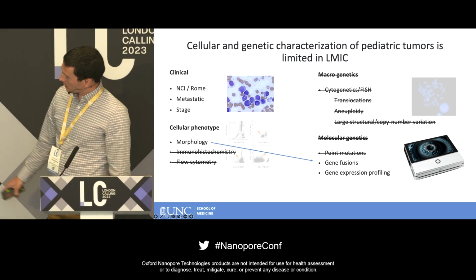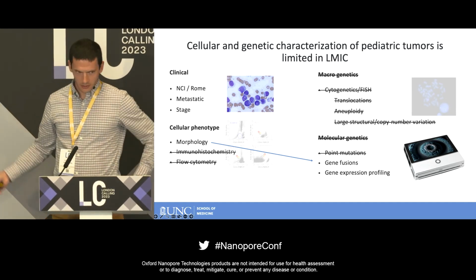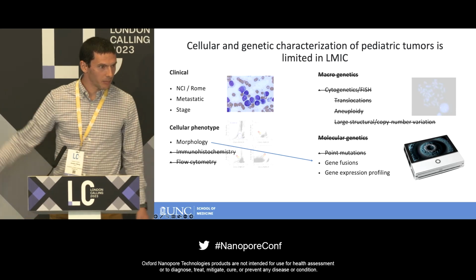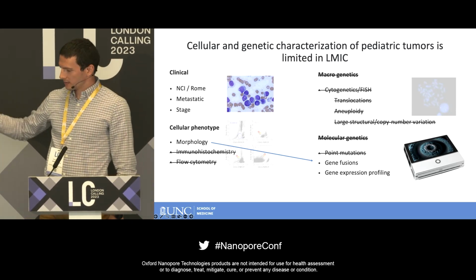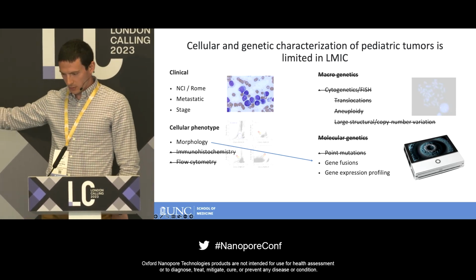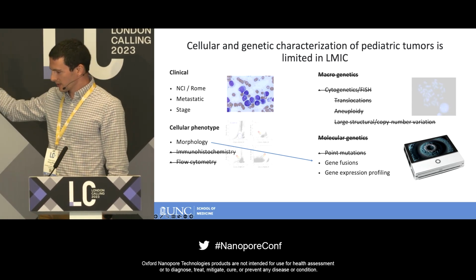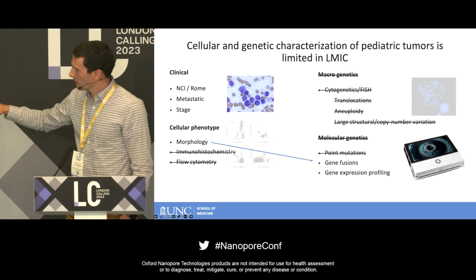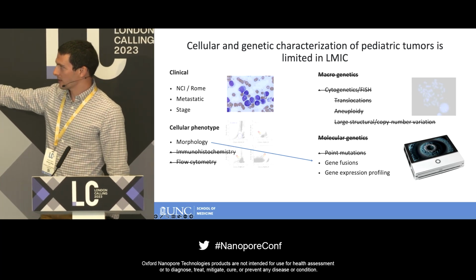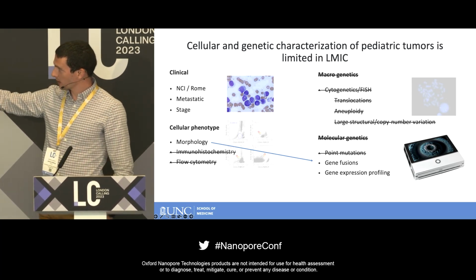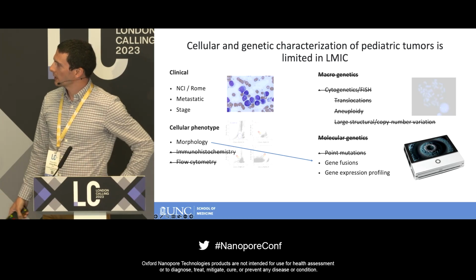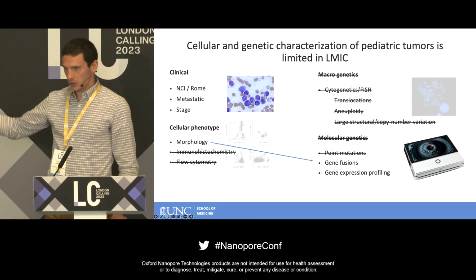For the oncologists out there, this is the normal diagnostic pathway that a tumor may take. You start with your general pathology, going through immunohistochemistry, flow, some cytogenetics, and in some cases, a lot of the good work that's been talked about here is going into molecular genetics and directly identifying fusions and expression profiling.